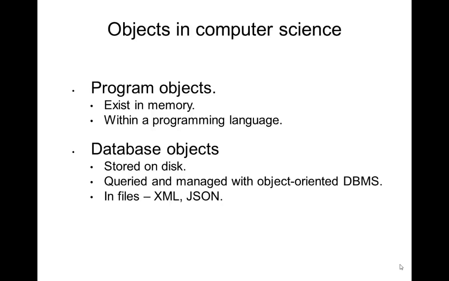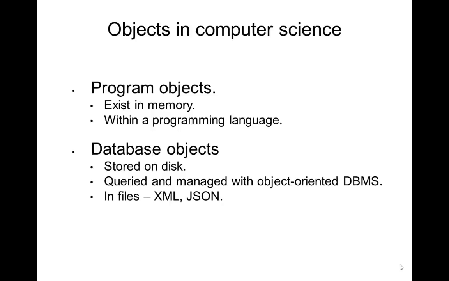They rarely get written to disk, or they might not get written to disk. But we've also got objects stored on disk, managed by a database in an object-oriented database. So objects can exist both in programs and stored in a database, queried and managed using some kind of object-oriented database management system.